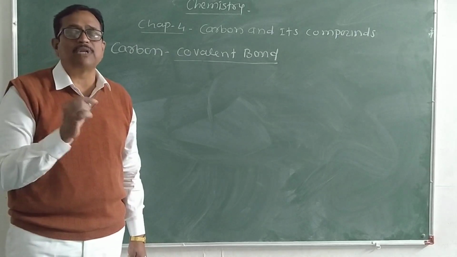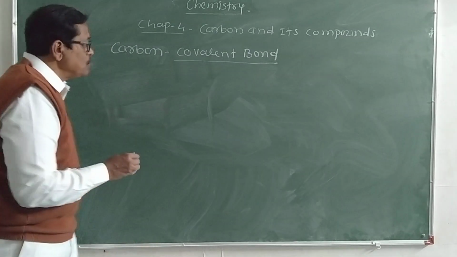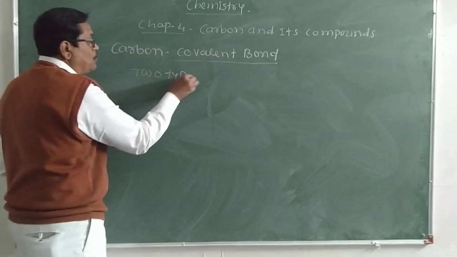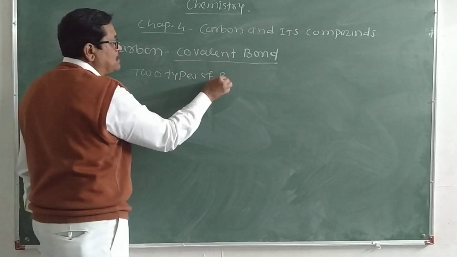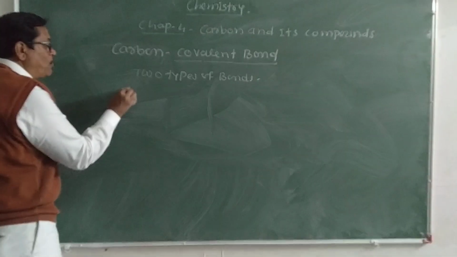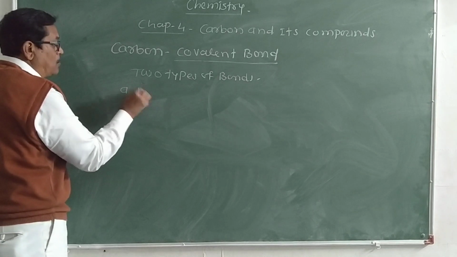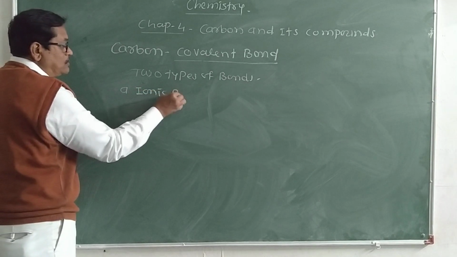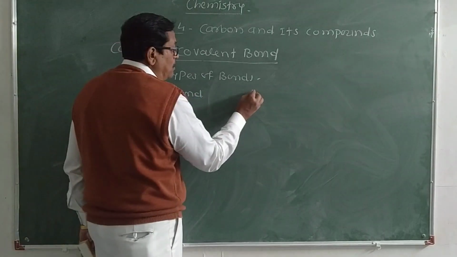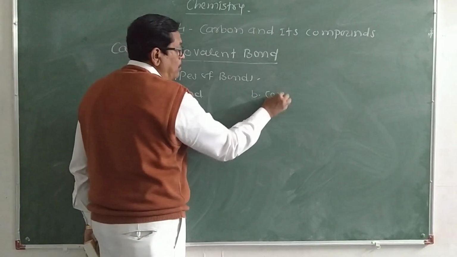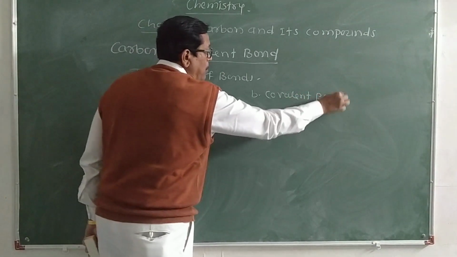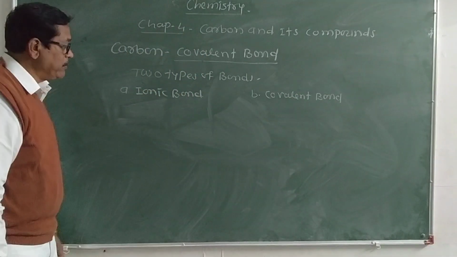Dear student, there are two types of chemical bonds: one is the ionic bond, and the second is the covalent bond.